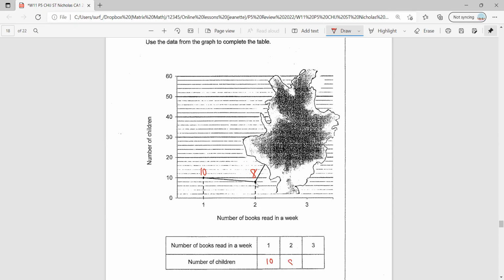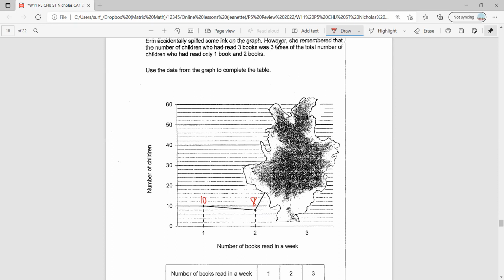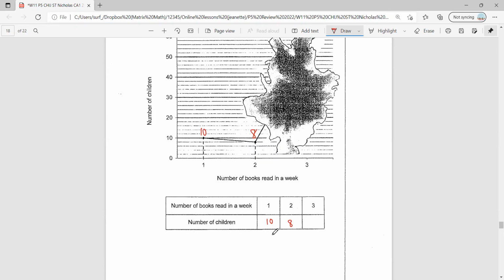The number of children who read 2 books is 8. The number of children who read 3 books was 3 times the total of this. So the answer is 54.